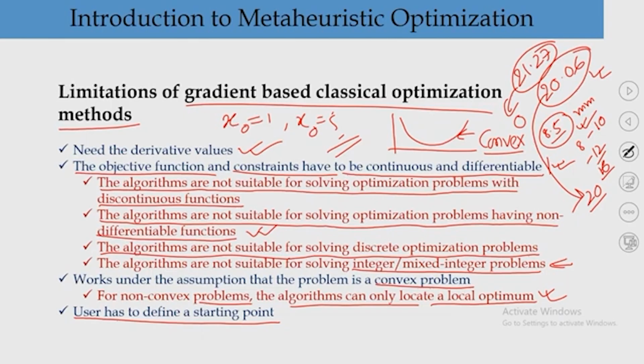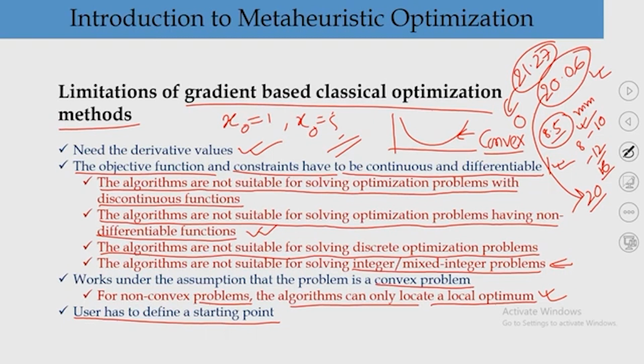If I use a suitable starting point, whatever starting point you have given, luckily that starting point is near the global optimal solution, or in the region where the global optimum solution is, then you will get the global optimal solution of the problem.